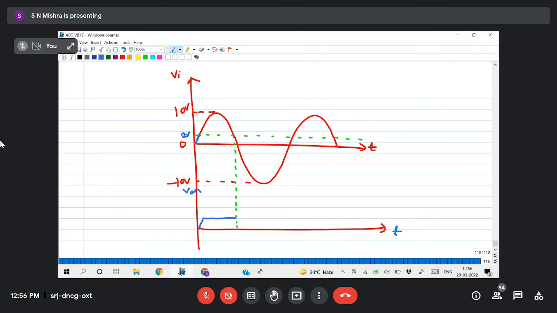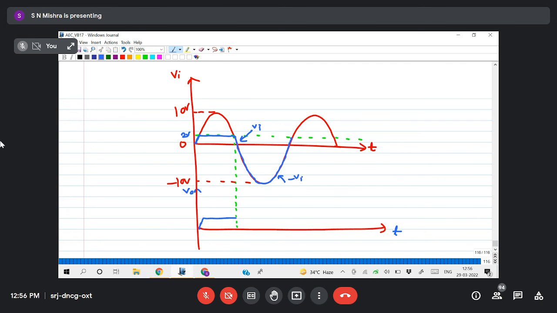So this remains 2 volt until it is below 2 volt. As soon as it comes below 2 volt, what will happen? Same as VI. So this is VI, this is minus VI.